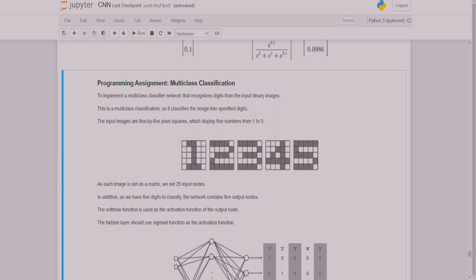Already I mentioned that because you have 5 classes, the requirement is that you are supposed to use a softmax at the output. In the layer which is maybe a hidden layer, you don't have any issue; you are supposed to use the sigmoid function. So these are the requirements.